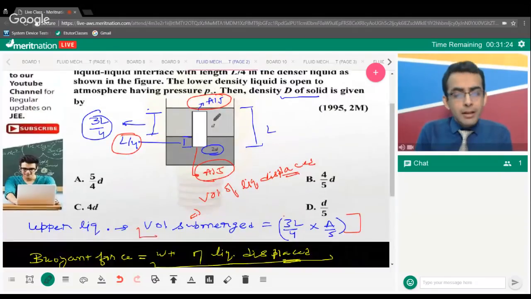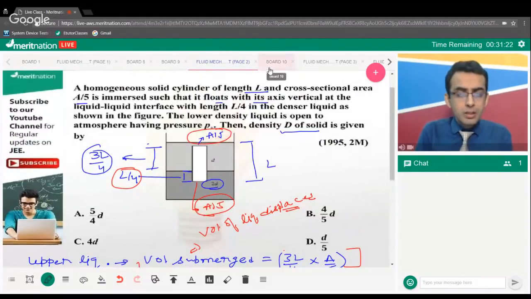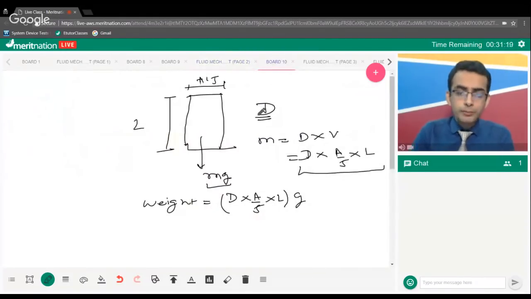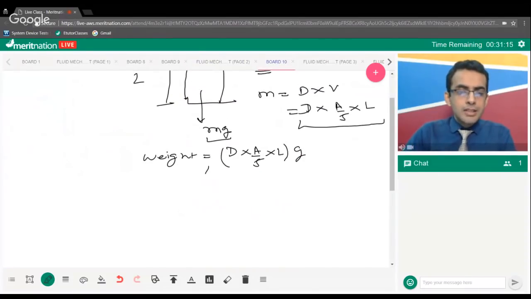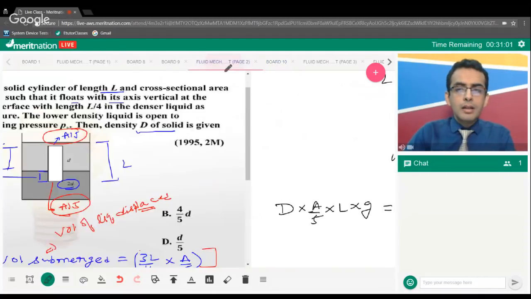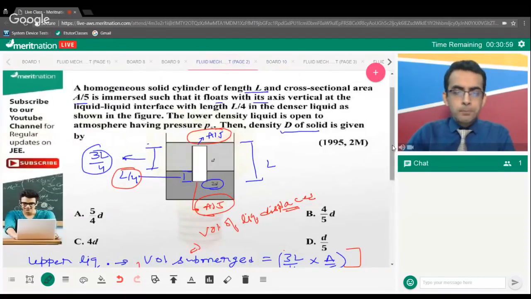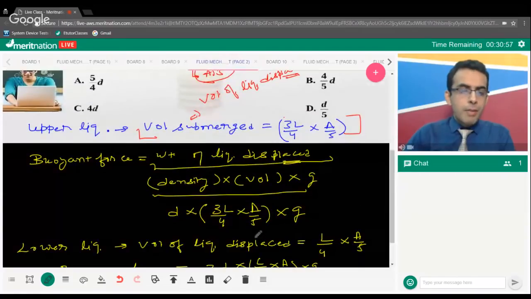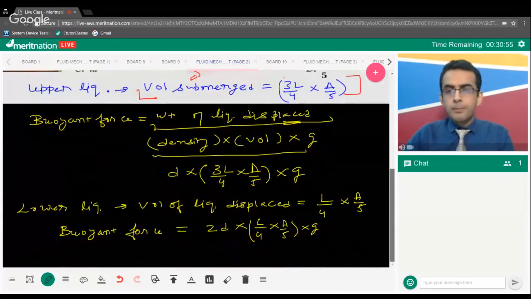So that means the buoyant force in the upward direction is balancing the weight. So simply, let's equate this weight and the net buoyant force by the two liquids. So D into A by 5 into capital L into small g, that's the weight, and the buoyant force that we have calculated.